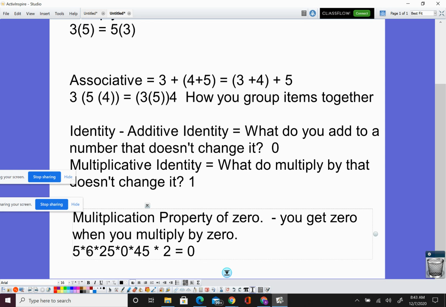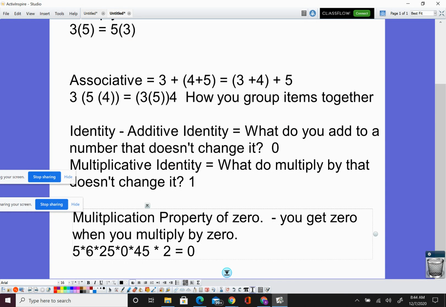So they'll want you to name some of these properties, and you just got to kind of figure out, okay, are they talking about the order that they're writing them in, or are they talking about different groupings? If the grouping is the same, but the order is different, it's going to be commutative.